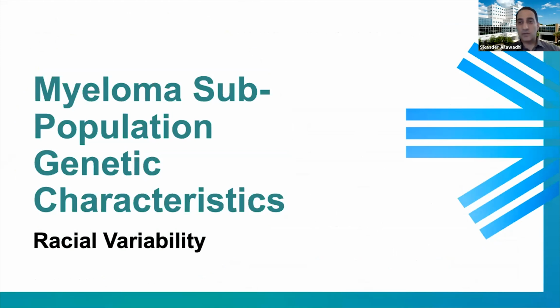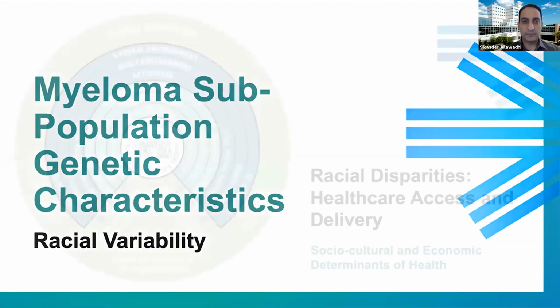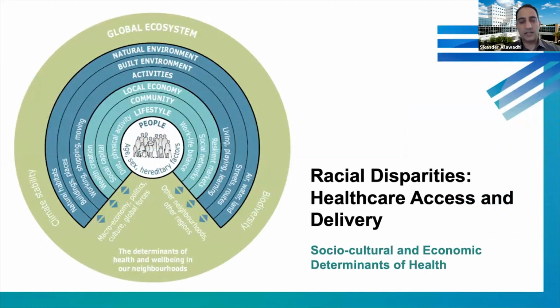I focus a lot of my work on racial disparities, and with respect to myeloma genetics per se, there are quite a few racial variability and differences noted. So I'll touch upon that just briefly. There are lots of factors that can be taken into account when we talk about healthcare access and healthcare delivery. We know that socioeconomic and cultural determinants of health are going to play a much bigger role than anything else.